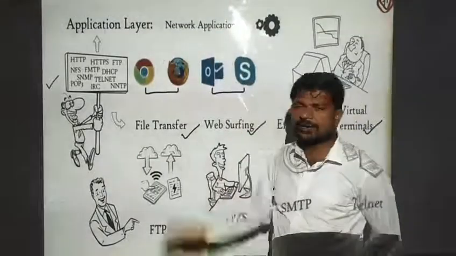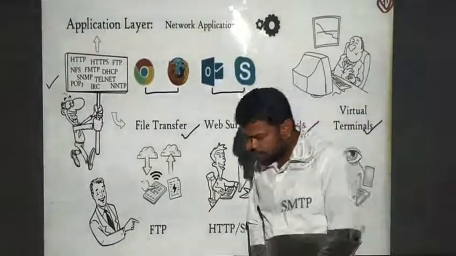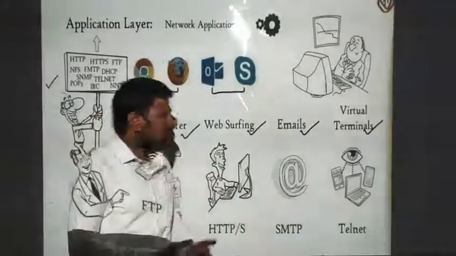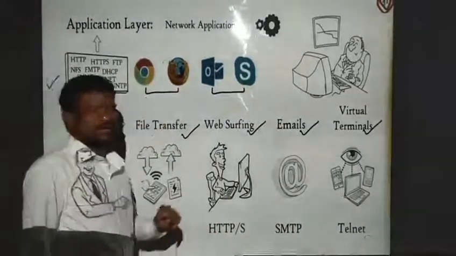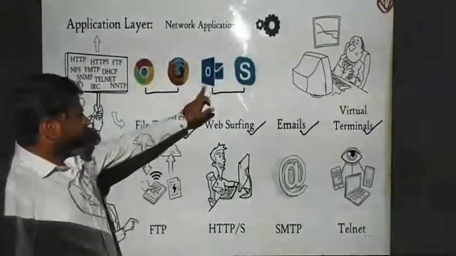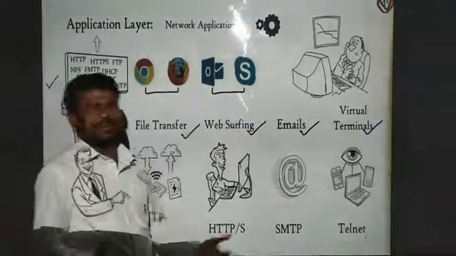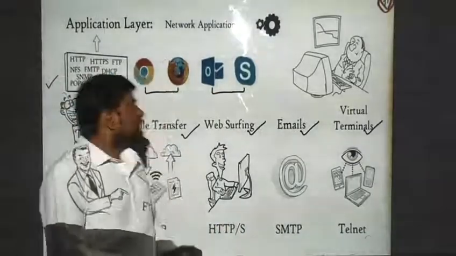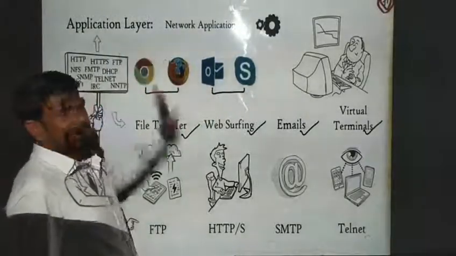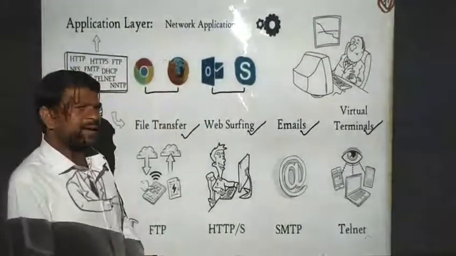What are network applications? Network applications means the applications which are used for the internet. Some of the network applications are the browser, Outlook, Skype, and many other internet applications. These network applications use the protocols of the application layer for data transmission.